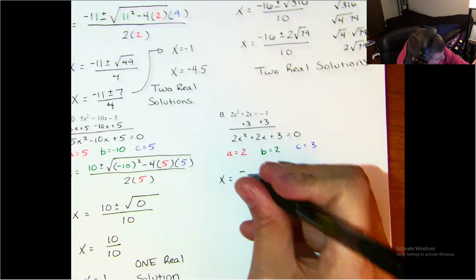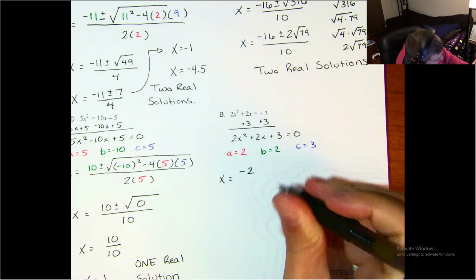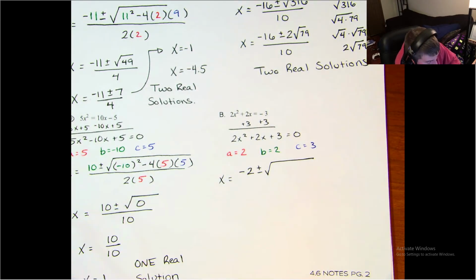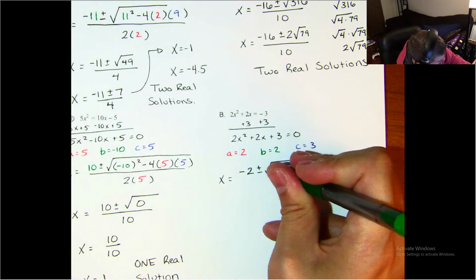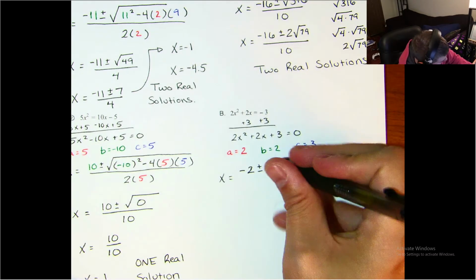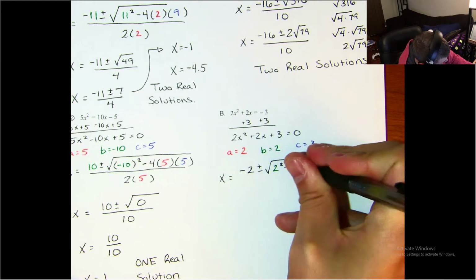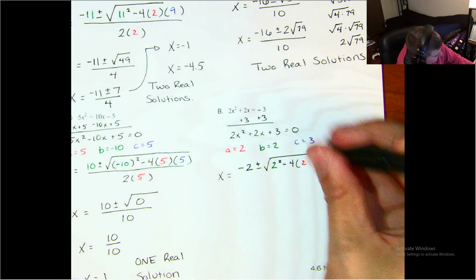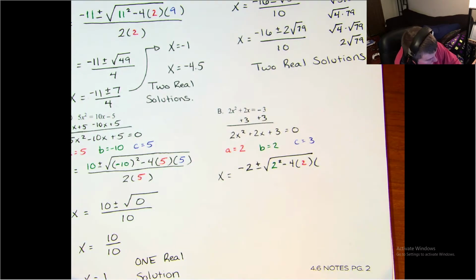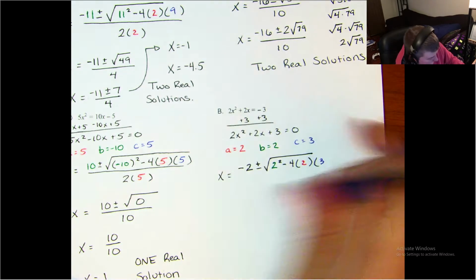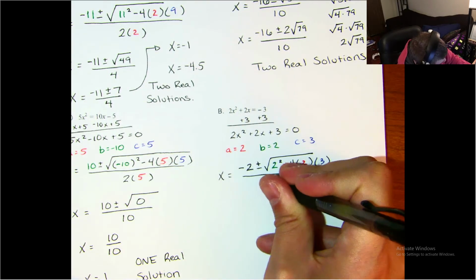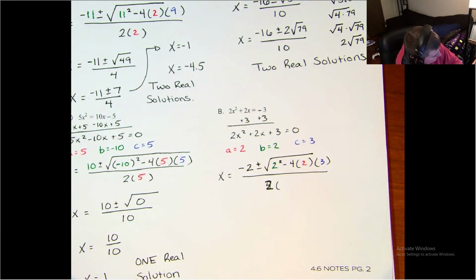So the opposite of positive 2 is negative 2. Plus or minus the square root of b squared, so that's 2 squared, minus 4 times a times c, all divided by 2 times a.